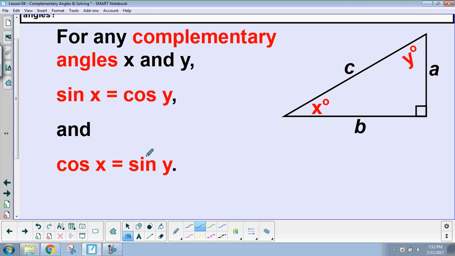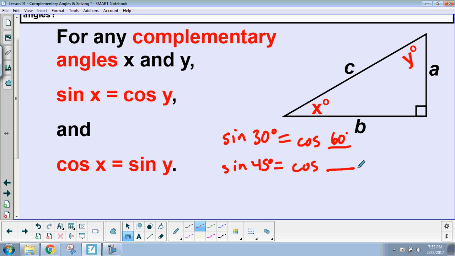So for example, if we have sine 30 degrees, its complementary would be what? 60, that's right. Because 30 plus 60 equals 90. If I did sine 45, what would its complementary be? 45.